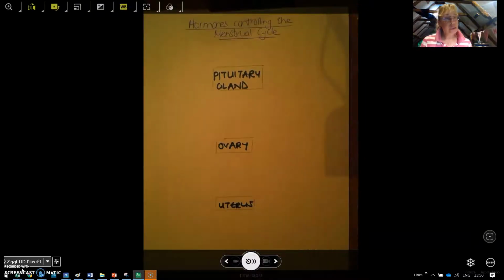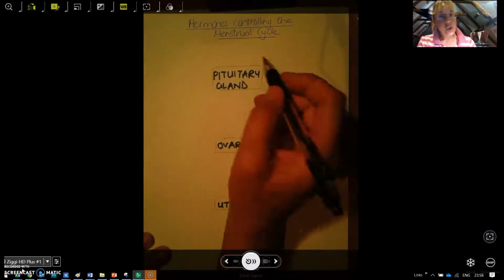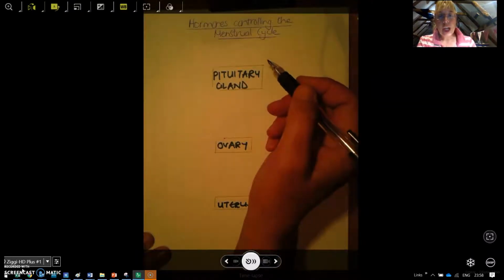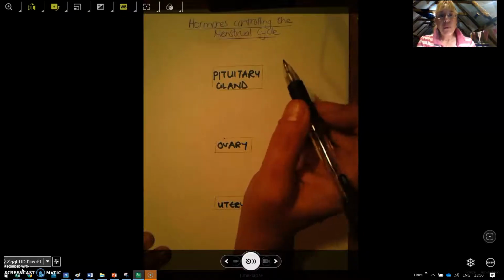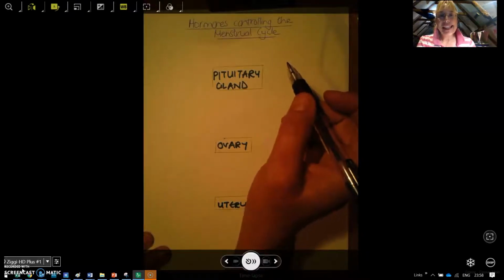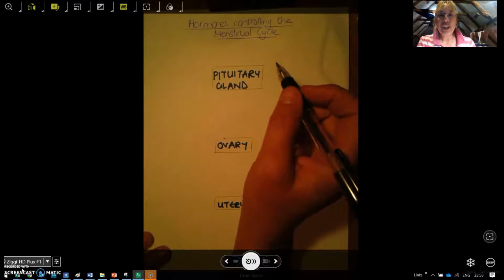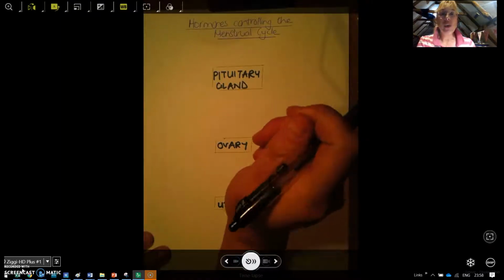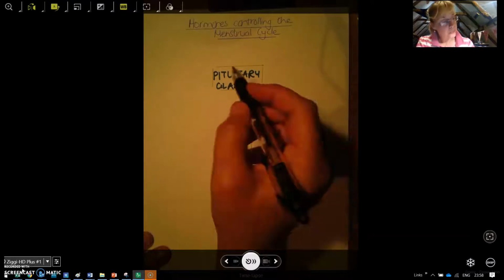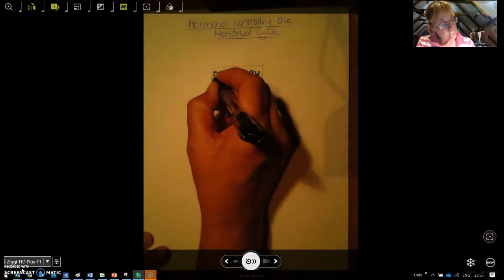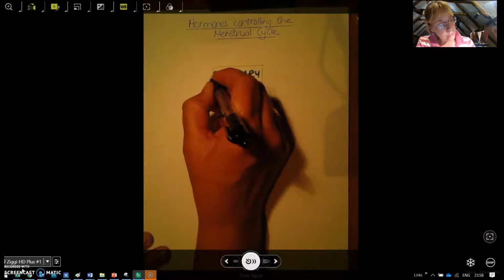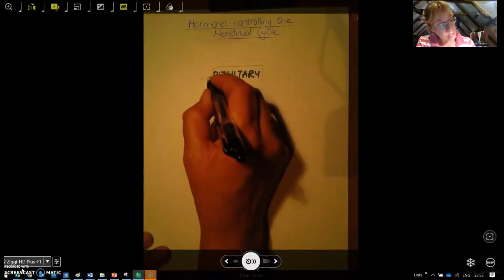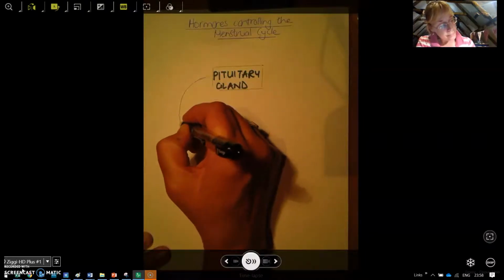So to start off with, the pituitary gland secretes a hormone known as follicle stimulating hormone. Now the good thing is for GCSE, all we have to know is it's called FSH. So I'm going to show that the pituitary gland secretes FSH.